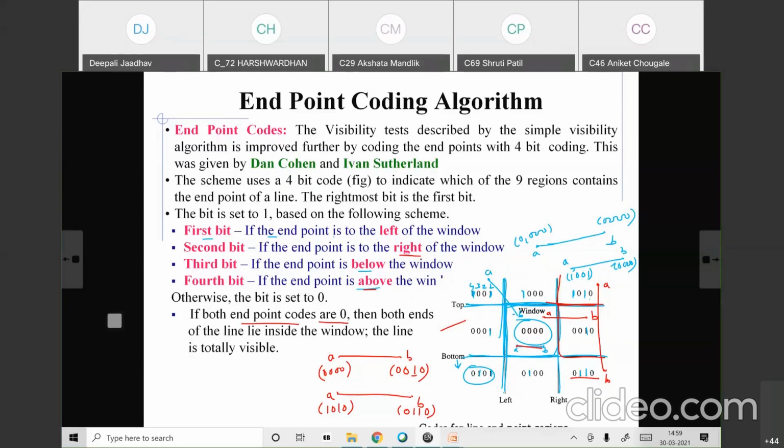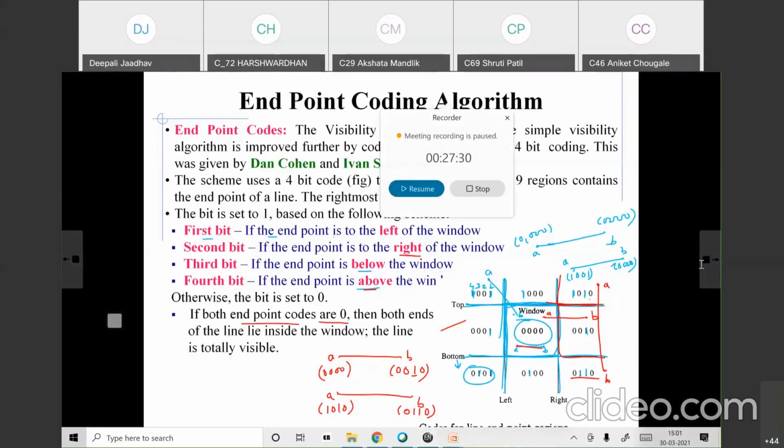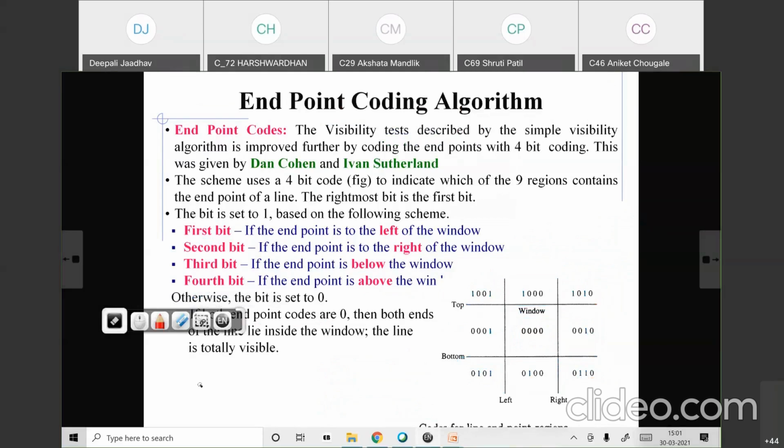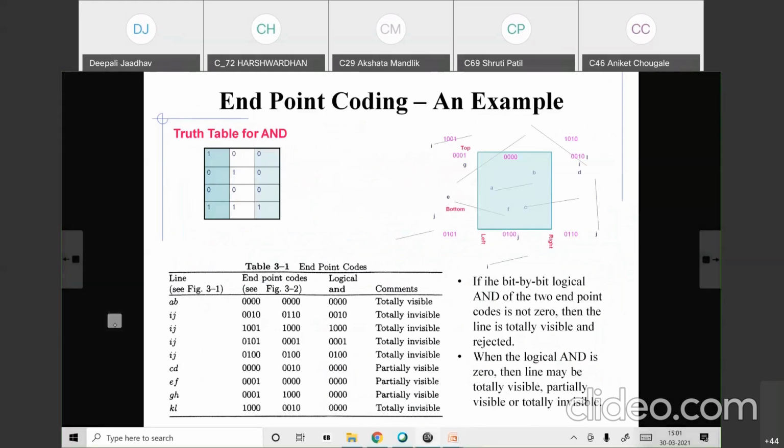It is a totally visible line. So here is another method, using these bits, to identify whether the line is visible or not.